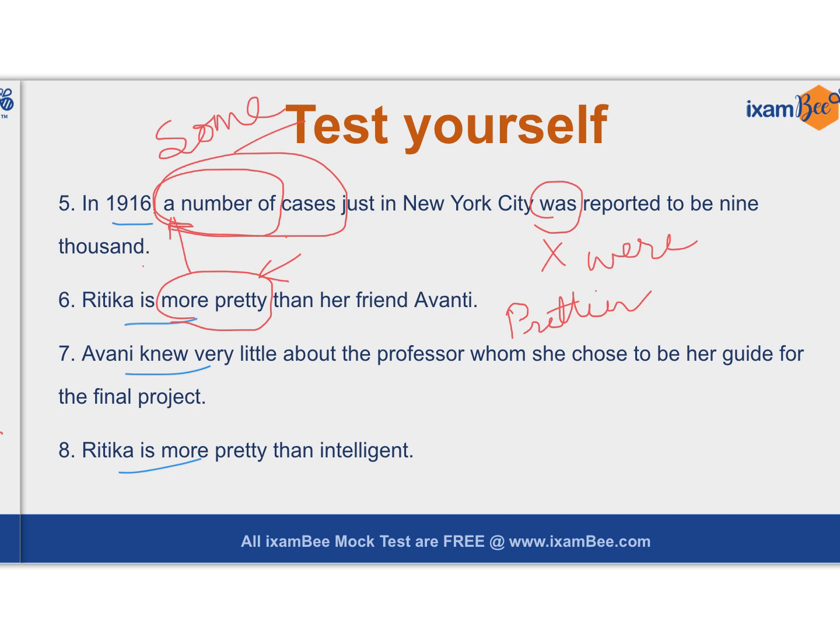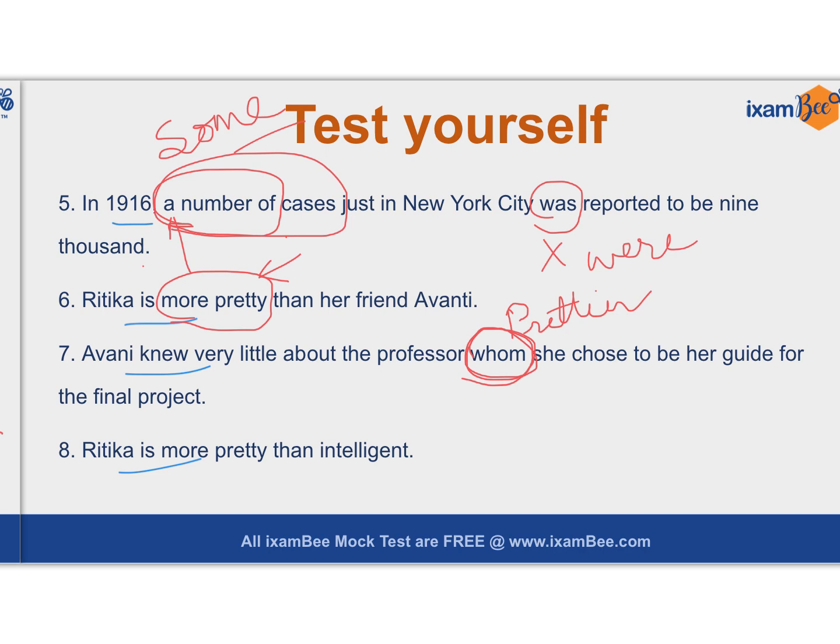Next, Avni knew very little about the professor whom she chose to be her guide for the final project. Whenever you get who or whom, you should always check whether this who or whom is correct. It should be who or whom. You decide on the basis of trying to replace it with he or him.